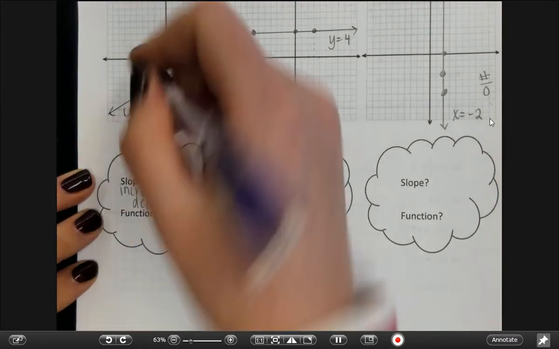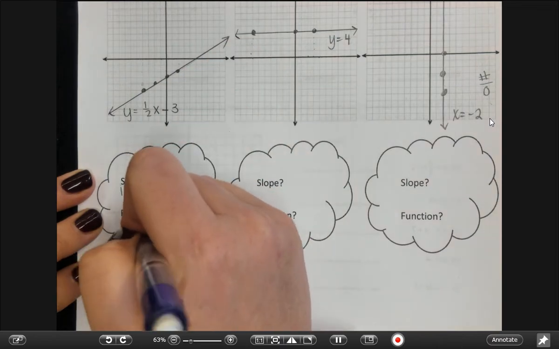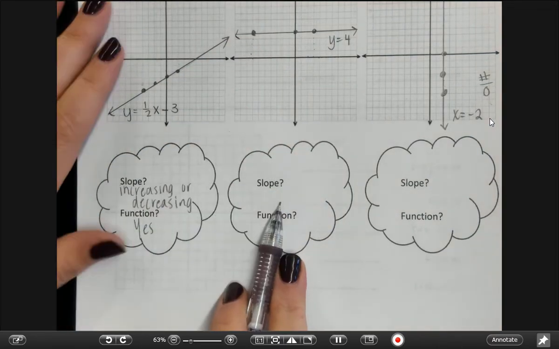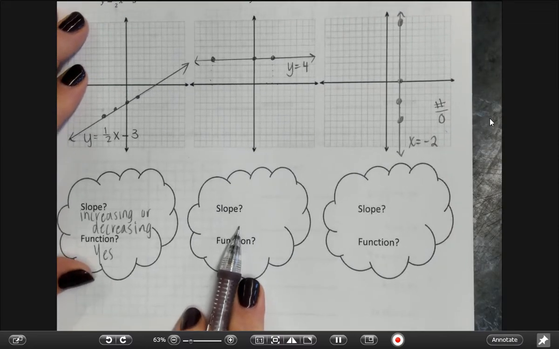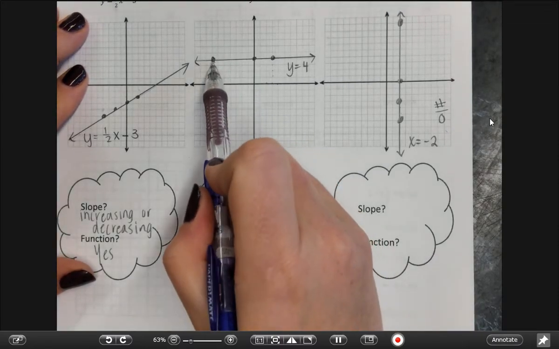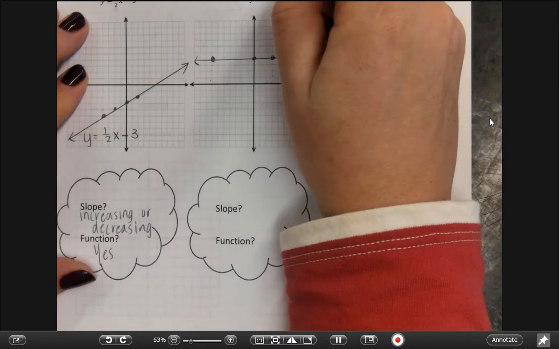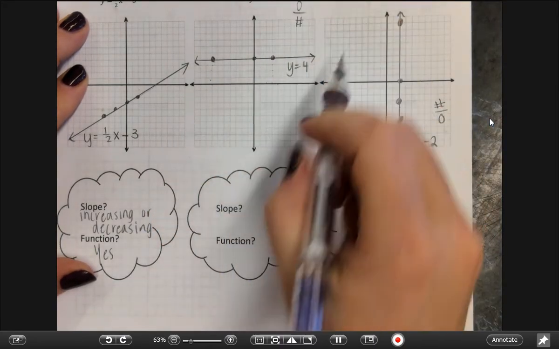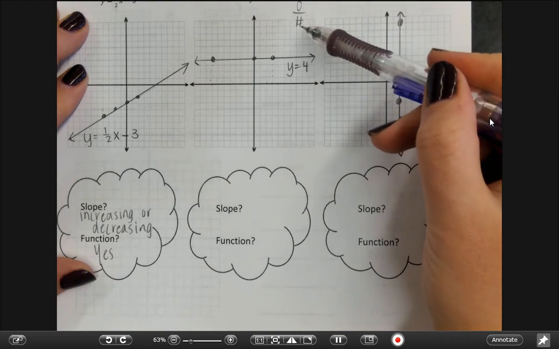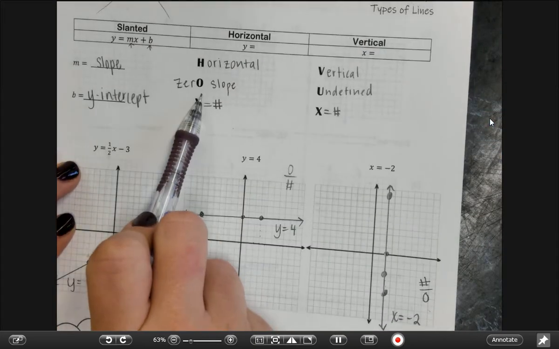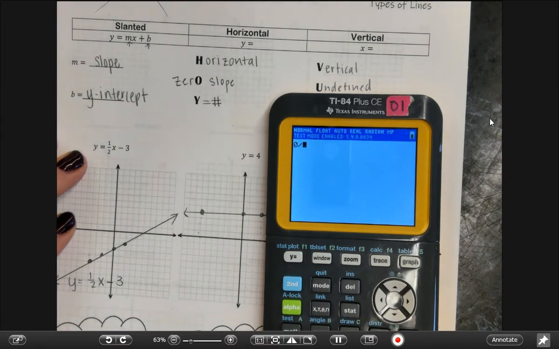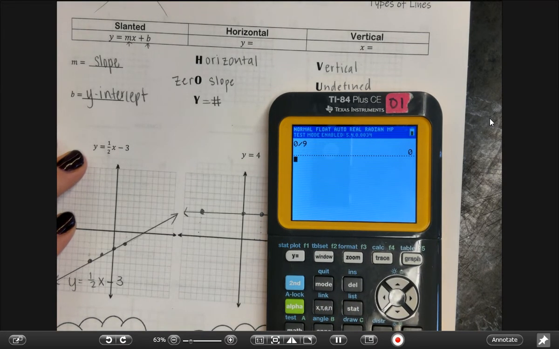Okay, is this a function? Well, yeah, it is a function because it passes the vertical line test. What about here? Okay, what is the slope here? If I did rise, well, I would rise 0 and I would run a number, okay? And 0 divided by a number gives you 0. You can put it right in your calculator. So if I did 0 divided by 9, that's just 0.